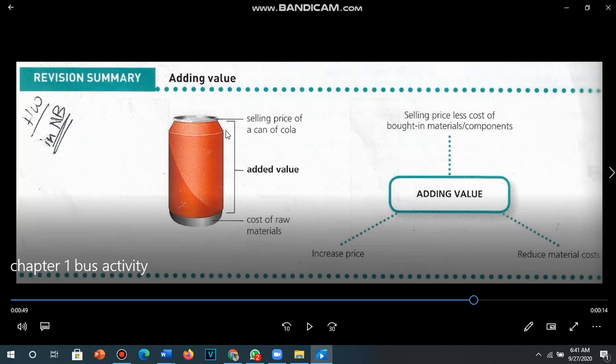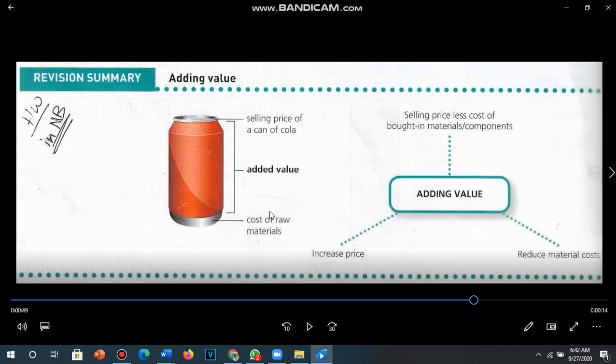Once it's done, you add the value to the expenses or the cost of raw materials in order to arrive at a selling price of your product. Now, this is not called the profit. Why? Because from the added value, we only get the extra amount from which we will cover the expenses made to produce your product or your service.